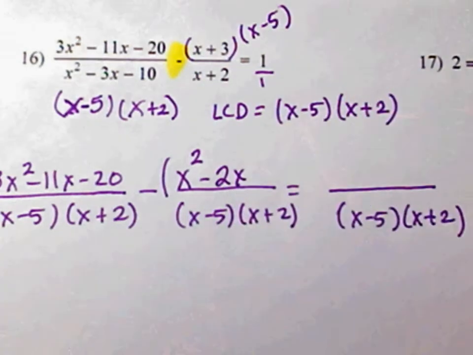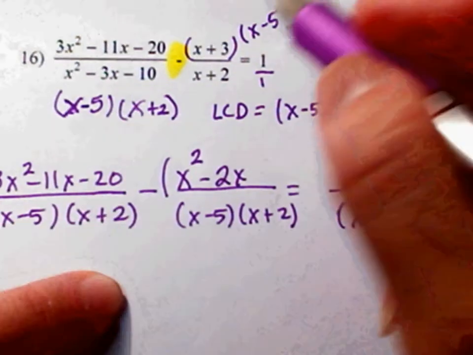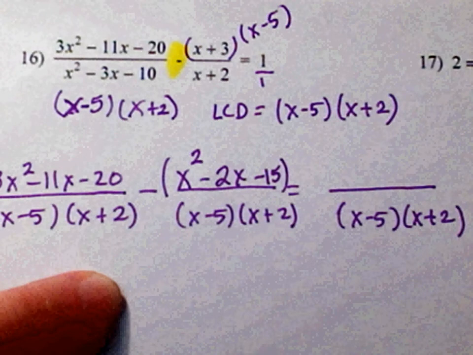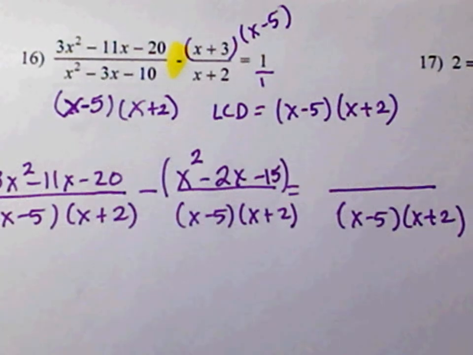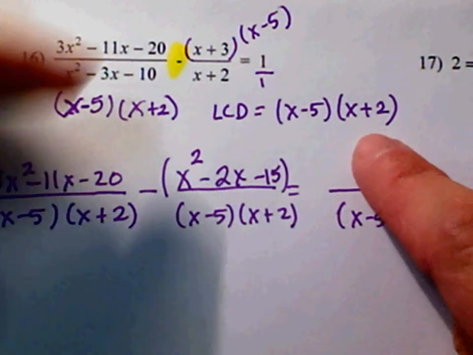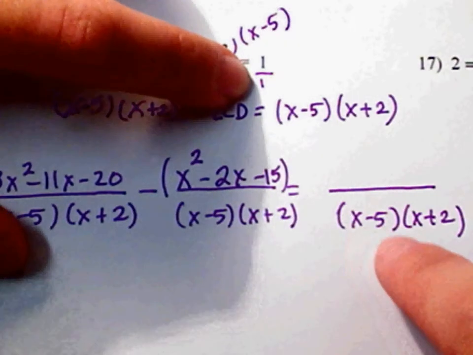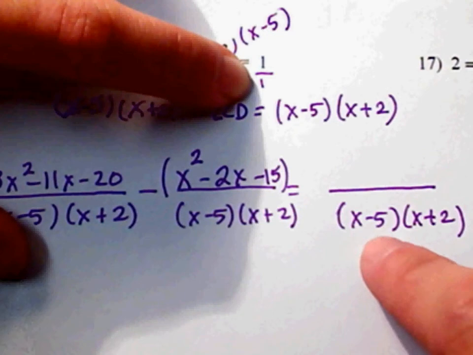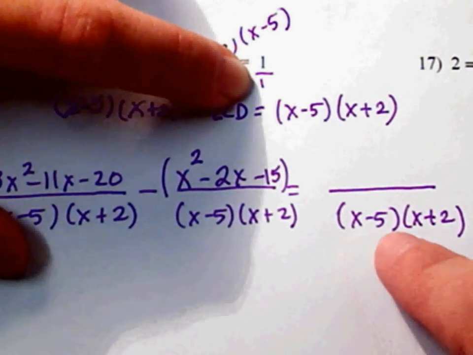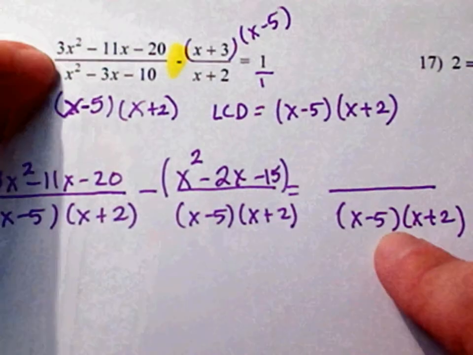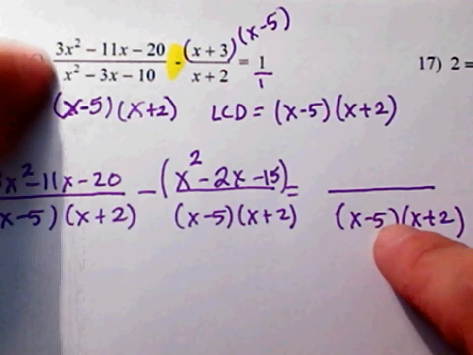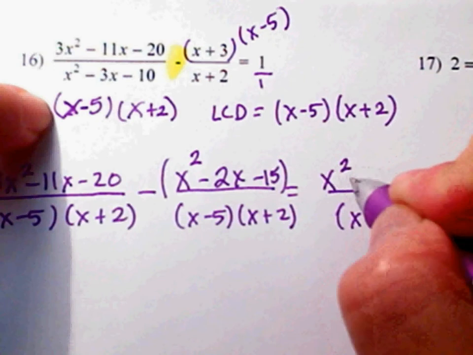Okay. 3 times negative 5 is negative 15. See that right there? You got a 1. What am I missing from all of that? All of this. But since I'm going to be combining, I'm going to be adding later, instead of writing this, I can write this part right here because they are equal to each other, because that's where I factor. So x squared minus 3x minus 10. Okay?